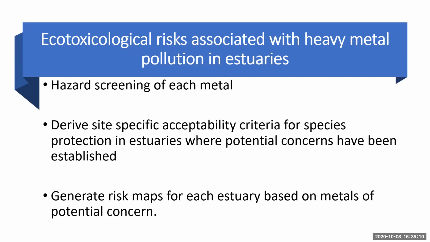The first tier does what we call the hazard screening, where it will eliminate metals that are not of concern. Metals that have the potential to cause adverse effects, you take them and carry them further into the next stage of the risk assessment.